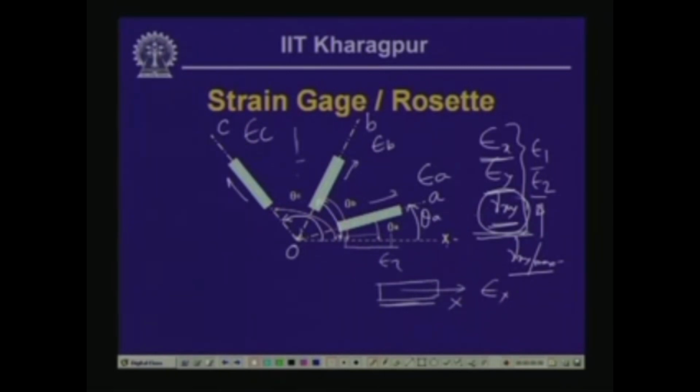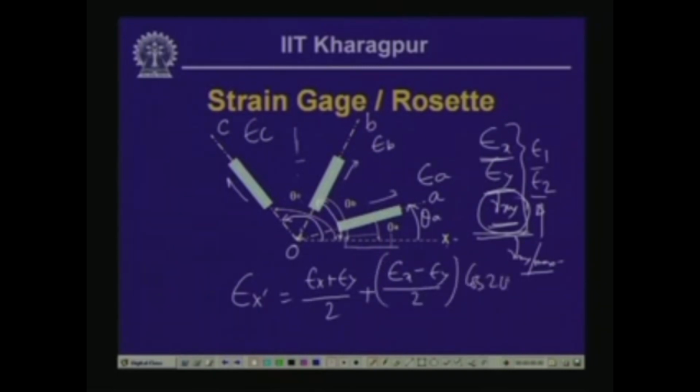Now, if you remember, we had calculated the transformation equation, which is epsilon x dash is equal to epsilon x plus epsilon y by 2 plus epsilon x minus epsilon y by 2 cos 2 theta plus gamma xy by 2 sin 2 theta.